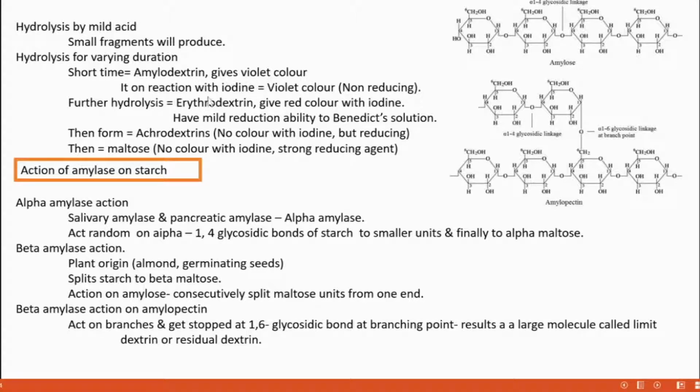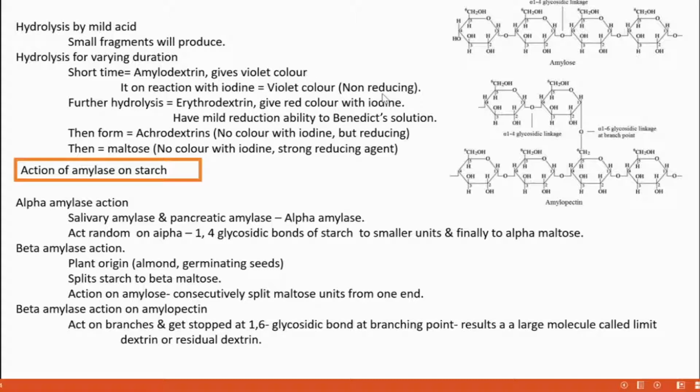That is the reaction with iodine, because iodine is still there, and along with that we are hydrolyzing. So the first product formed here is amylodextrin, and the solution turns violet.